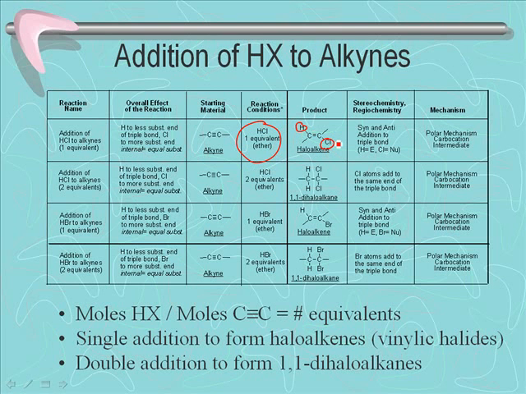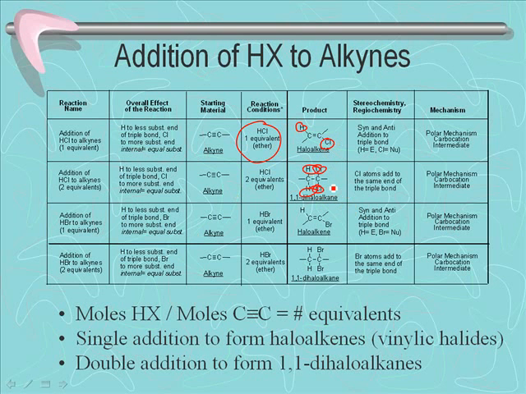These are often referred to as vinyl halides. Vinyl meaning the carbon-carbon double bond is directly attached to the halide. If we add two equivalents, HCl can add twice, giving us a double addition product. And we'll see why in a little bit, but both halogens end up on the same carbon atom.